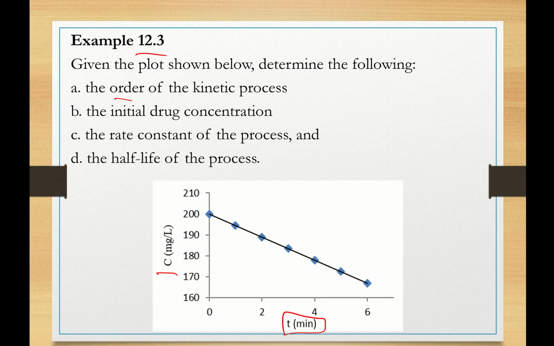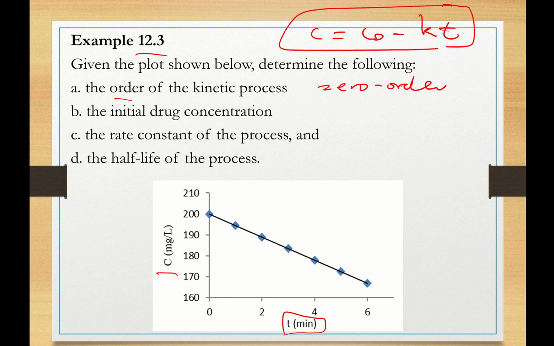Since the graph of C plotted against time is a line, this must be a zero order process, because the equation is C is equal to C0 minus KT. This is a line. The initial drug concentration has to be 200, so C0 is equal to 200 milligrams per liter.